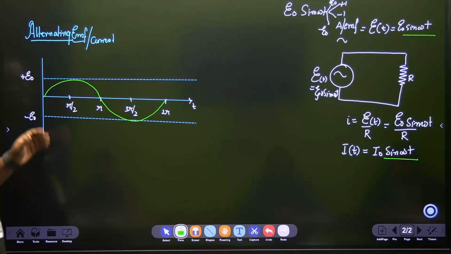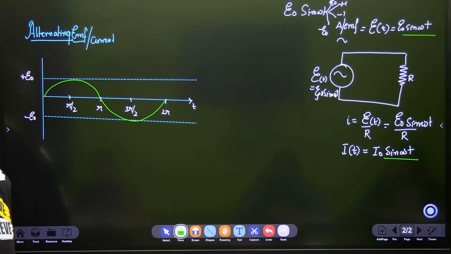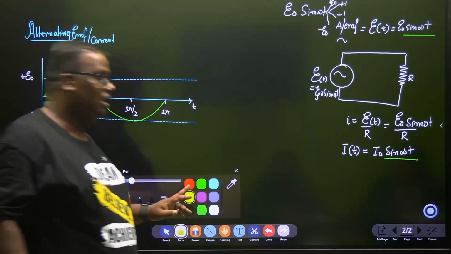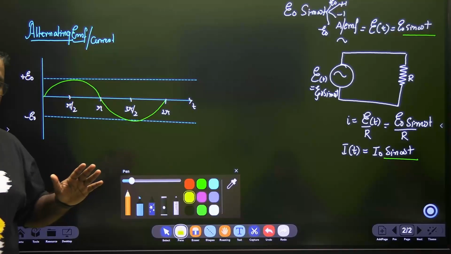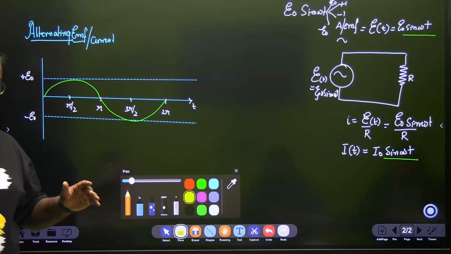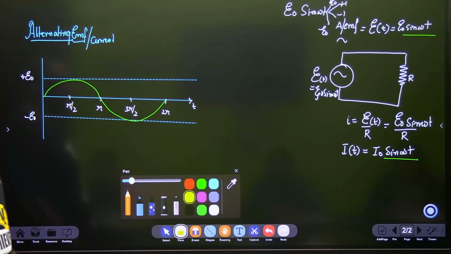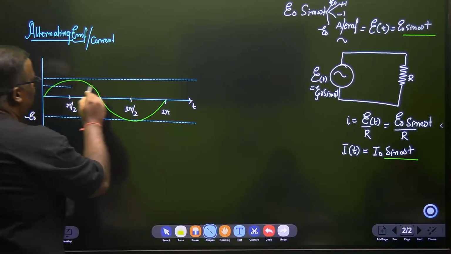Now, should the I naught have a sharper spike than the voltage curve, or a smaller spike? That you tell me. You understood what I'm trying to say? Why will it be less? Because I naught's value is E naught divided by R. So I naught will be somewhere here.